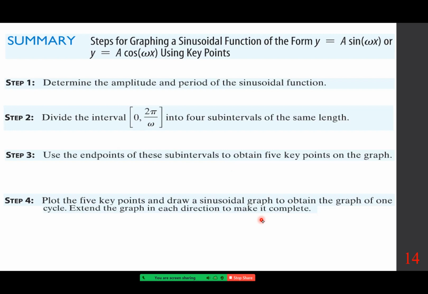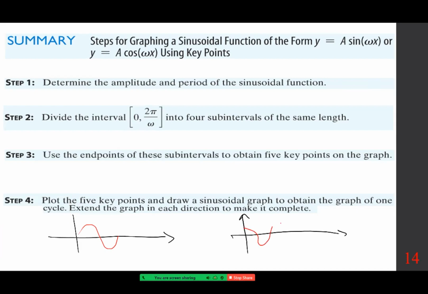What do we mean by that? Here's a simple example. If we are looking at a sine function, this is the graph. Cosine function, this is the graph. So for sine we want this point, this point, this point, this one, and this one.